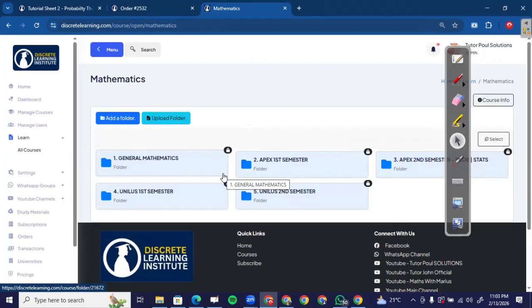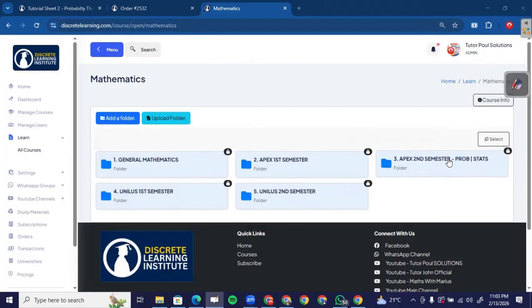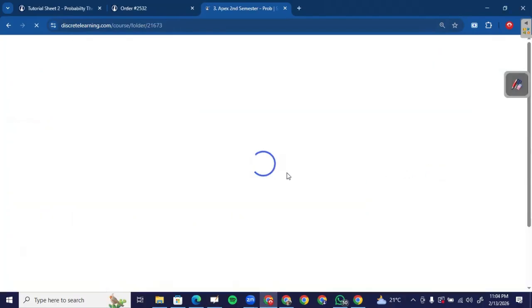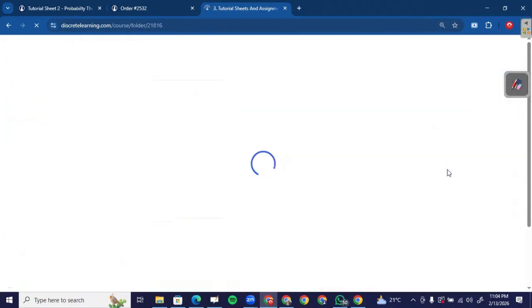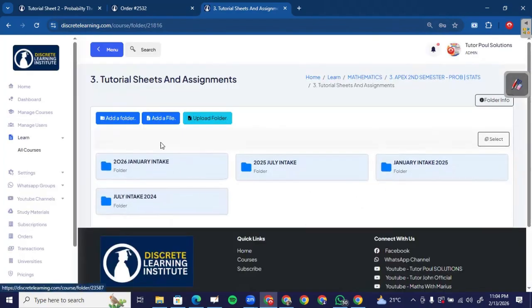So I click on Apex second semester and wait for it to load, and then you can see tutorial sheets. Click on the tutorial sheets. You'll see the 2026 January intake or whichever intake you belong to. In case you're watching this video in the future, you'll find a folder for your intake.